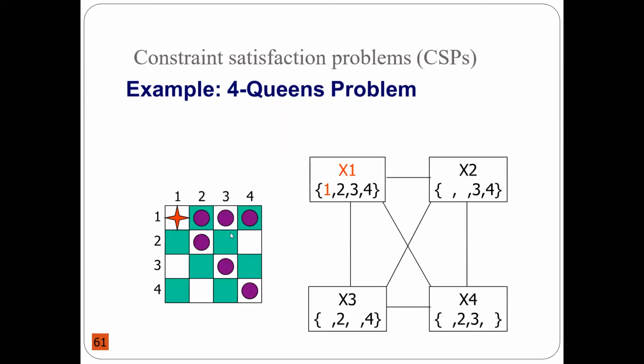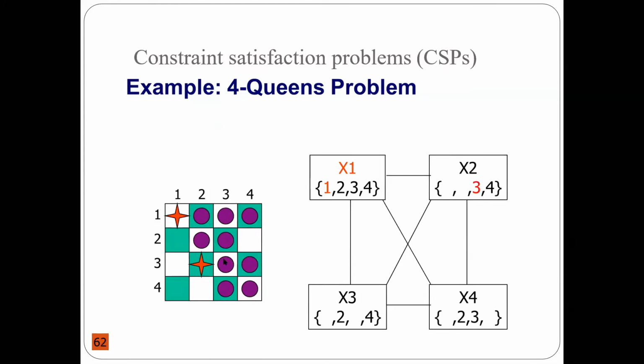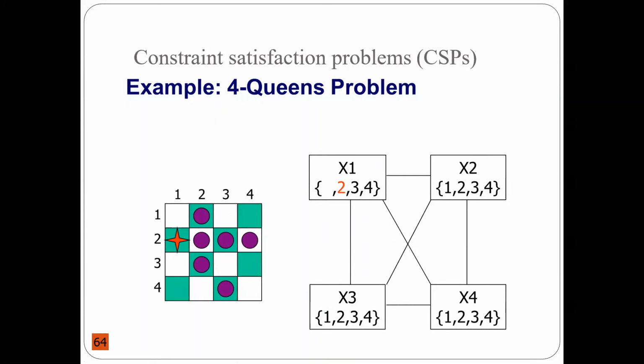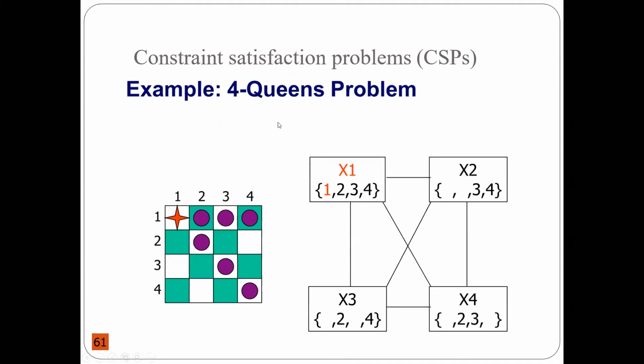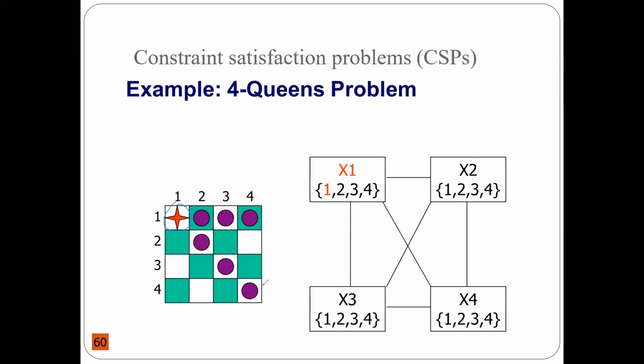Here is the same example. Suppose we have placed a queen here, so we cannot place in this way. Next, we have placed a queen in this place, so we cannot place the queen there. Suppose we have placed the queen at one location, we cannot place a queen horizontally, vertically or diagonally, so these locations are blocked.